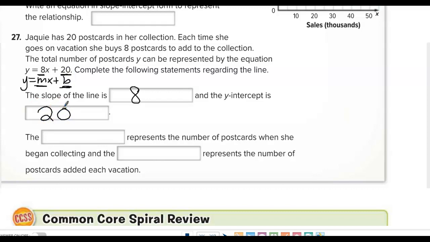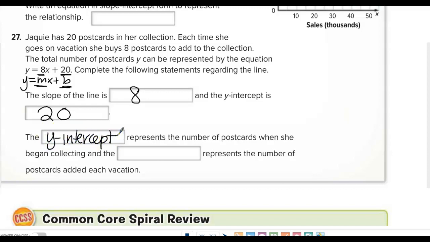Okay, so then the blank represents the number of postcards when she began collecting, and the blank represents the number of postcards added each vacation. So what is this one, the slope or y-intercept? The y-intercept represents the number where she started, right? Because that's where x is 0, so when she's taken 0 vacations.